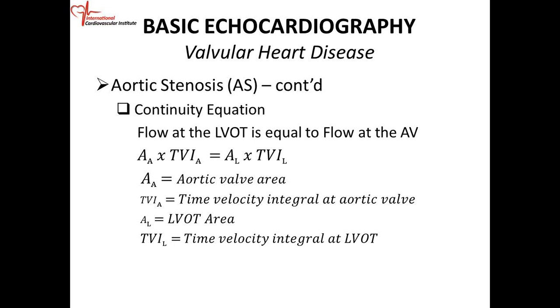Remember, flow is equal to cross-sectional area times the time velocity integral. So just rearranging the equation, the aortic valve area is equal to the area of the left ventricular flow tract times the time velocity integral of the left ventricular flow tract, divided by the time velocity integral across the aortic valve.